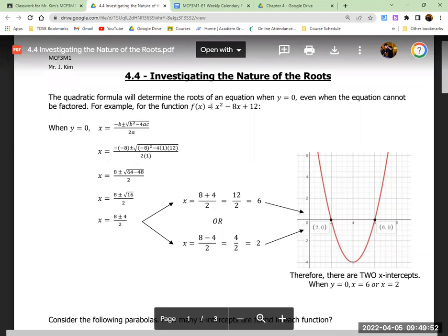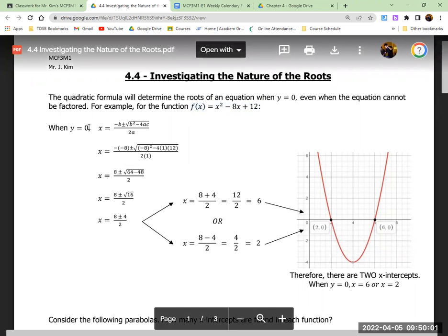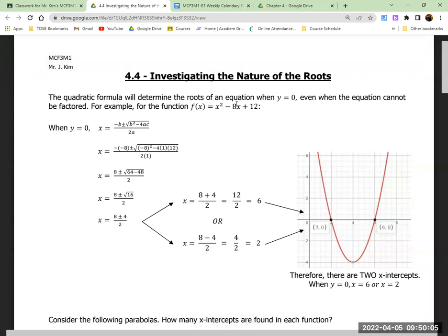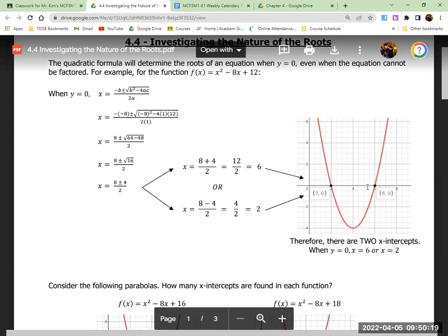As an example, if the function is x squared minus 8x plus 12, as long as I know the function is set to 0, I can use the a value of 1, b value -8, c value +12, plug it in, and I get the answers 6 and 2. What does that mean? It means at x equals +6 and +2, the y value equals 0.